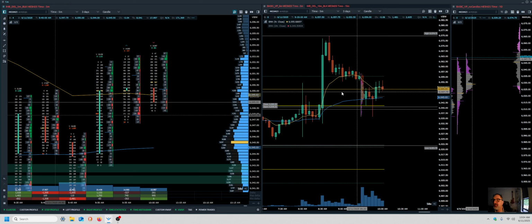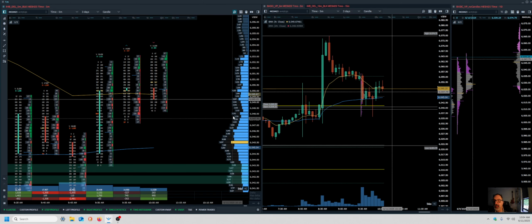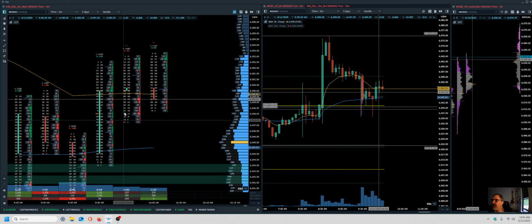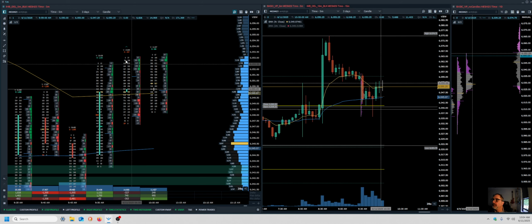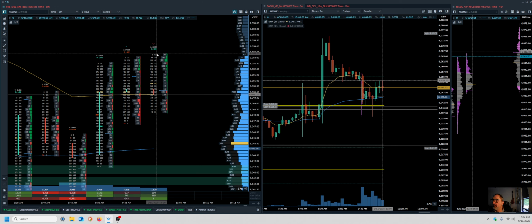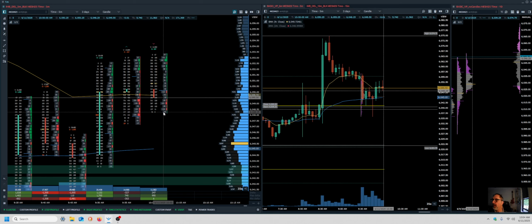So 775, which we're going to be coming down to about here. Let's see what happens at this point. Taking everybody out. Now, if you're not in a trade, there's no sense in trading right now. You're making a higher high and a higher low here.